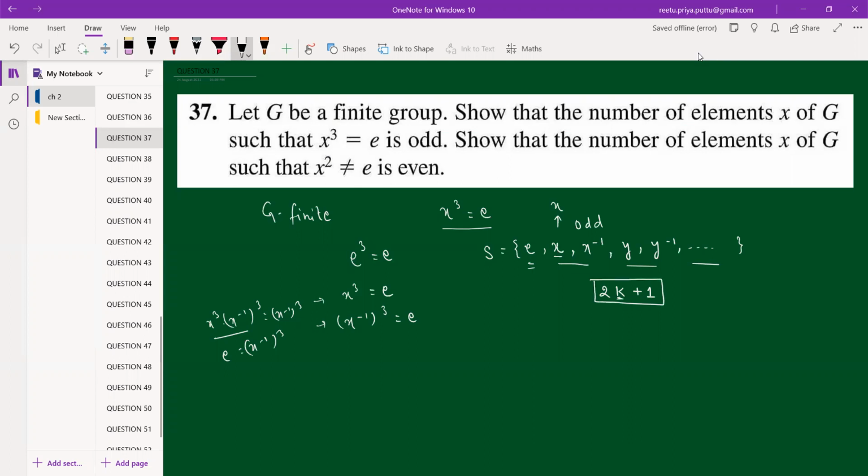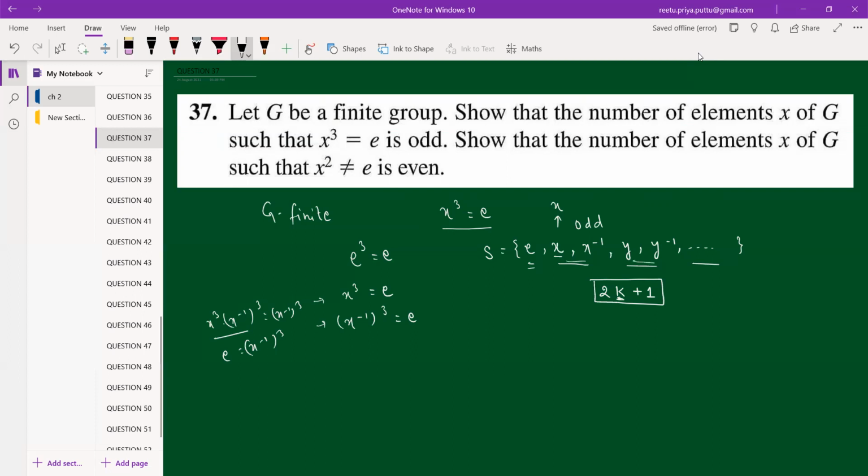Depending upon the group, this k will vary. Here X cube equals identity. So you find an example. I'm not able to crack it right now, but yes, it will be 2k plus 1. This is the idea basically.